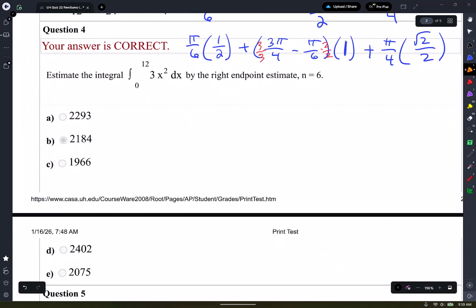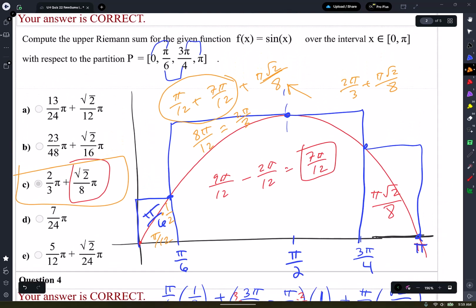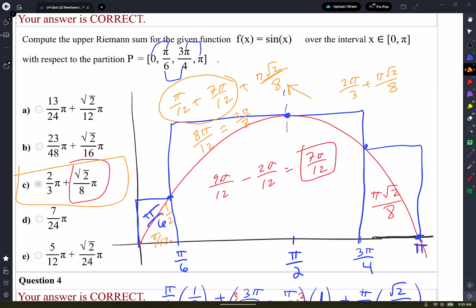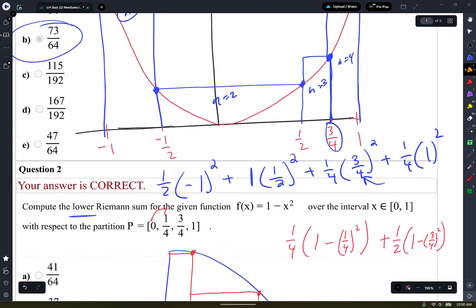All right. What's up? What do you mean? It's the highest point on the curve. It says upper. Look, it's the highest point.